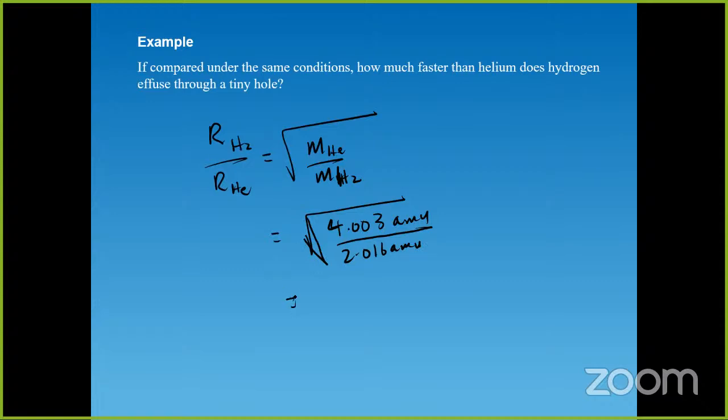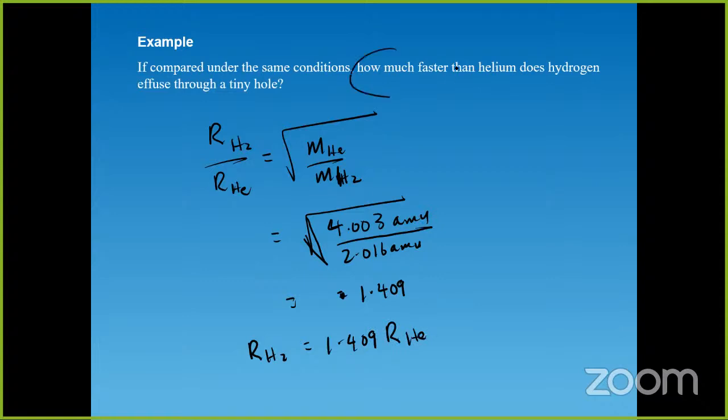So let's do the number crunching. 4.003 divided by 2.016, and then we find the square root of that. So according to my calculation, this works out to be equal to 1.409, right? So basically the rate of effusion of H2 would be equal to 1.409 times the rate of effusion of helium, right?